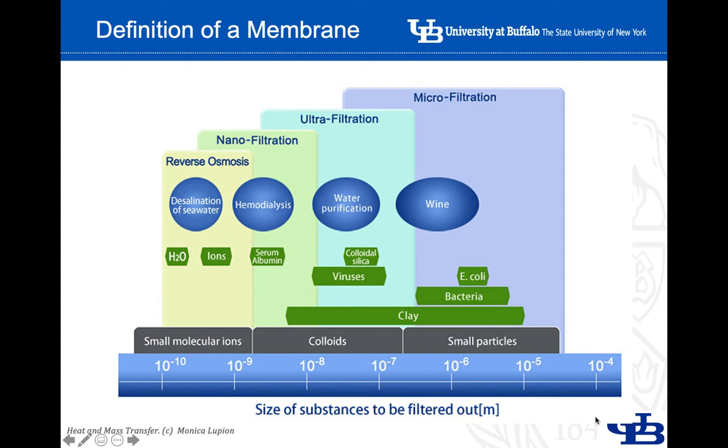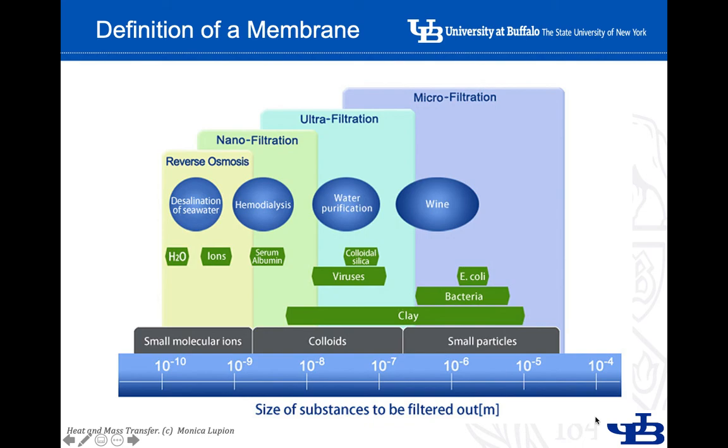Wine as well: when we leave the wine to ferment, after a while, in order to purify, we can use this type of microfiltration membrane to further purify. If we move further to your left, sorry, the particles are getting smaller. And in this case, we can use ultrafiltration.